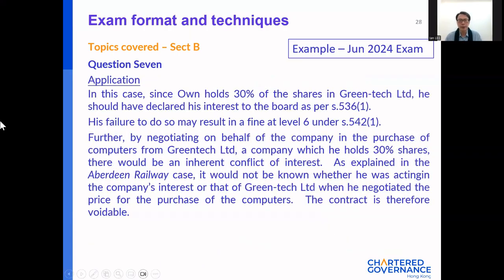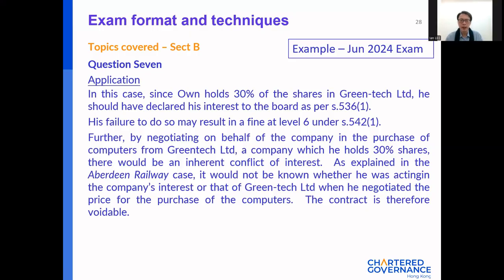Okay, so application: apply all those to our situation. In this case, Owen holds 30% of the shares in Greentech Limited. He should have declared his interest to the board as per section 536(1). His failure to do so, because clearly he did not, may result in a fine at level 6 under section 542 subsection 1.